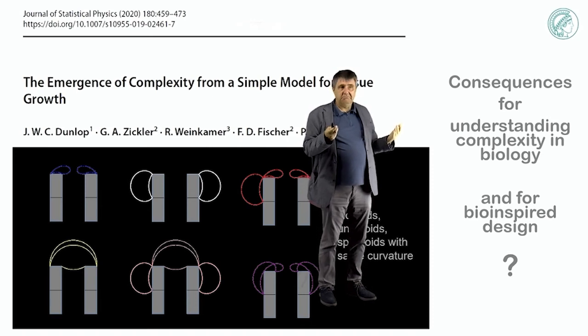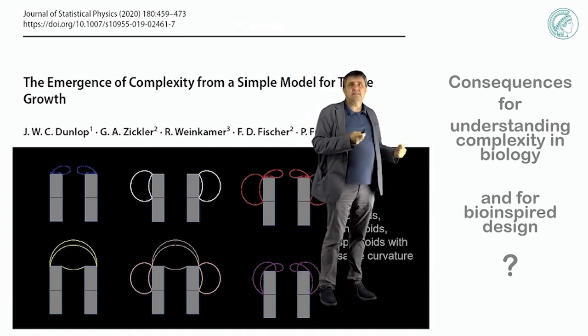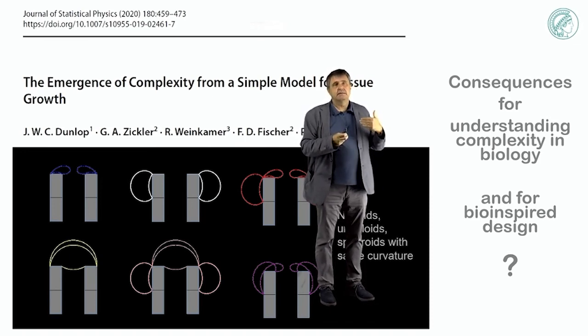And of course, we don't really understand this yet, but it also raises an interesting question for bio-inspired design. I mean, at the end, all you need to prescribe is a single parameter, and then the complexity of the shapes comes about by the interaction with the complexity of the world around the growing tissue.